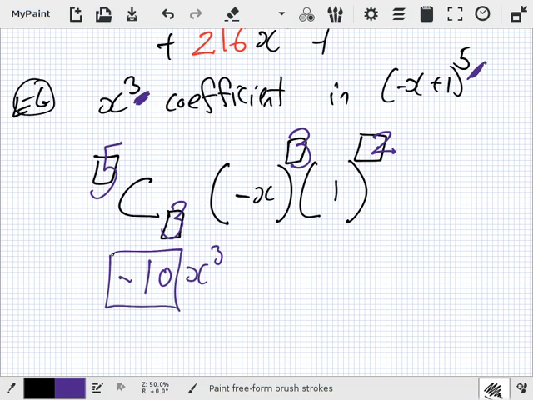I understand how each number goes squared, but like 5C3, is it any different? You can choose 3 or 2. So I can just put the power of the x to the power of either? Yeah.